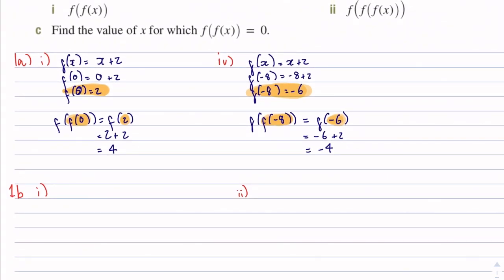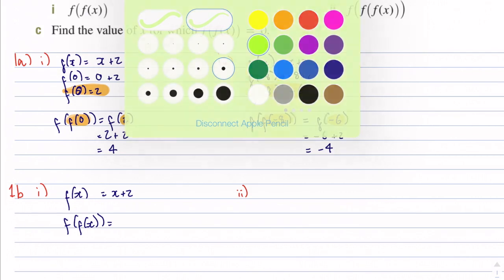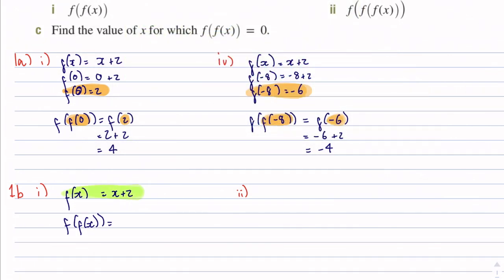For question B, I've got f of f of x. Well, I know that f of x is x plus 2, yeah? Which means I'm going to substitute in x plus 2 here.